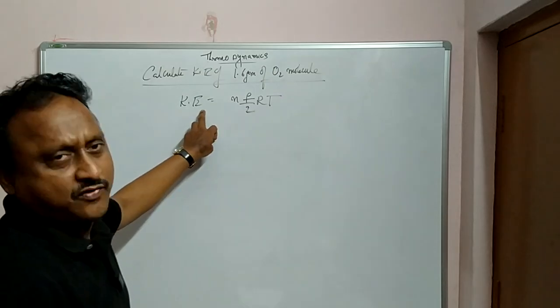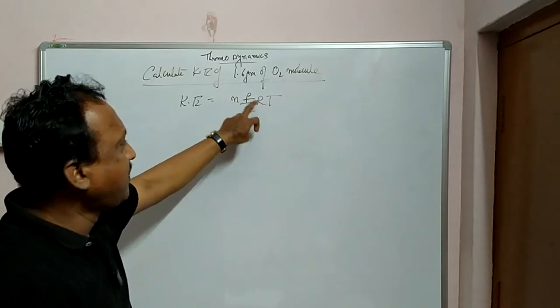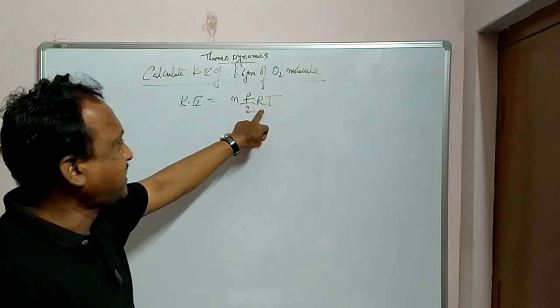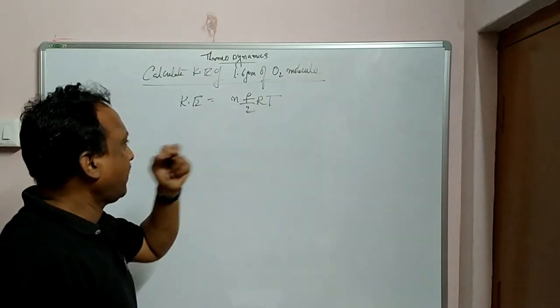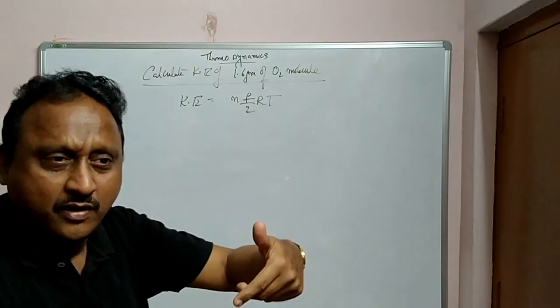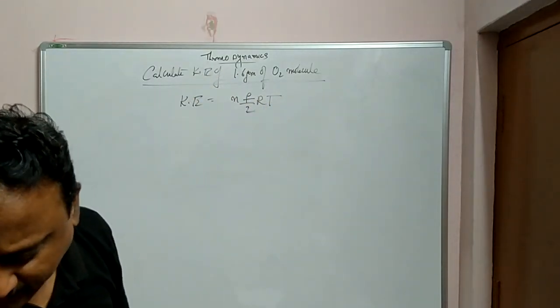This is the kinetic energy formula. Here n is the number of moles, F the degree of freedom, R the gas constant 8.314 joules per mole Kelvin, and T the absolute temperature. If you apply the values here, you can get the answer.